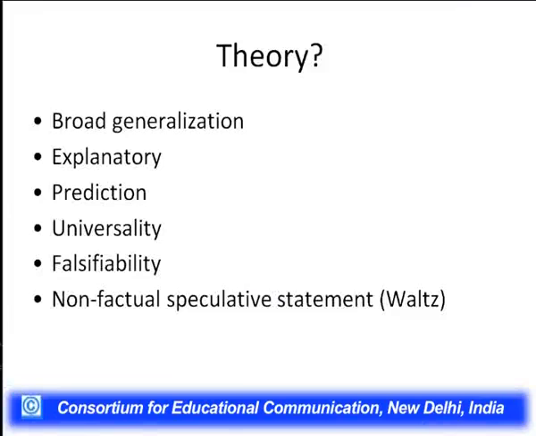An important criterion for any theory is falsifiability, a very important contribution of Karl Popper, who argues that a theory has to be falsifiable. If your theory is not falsifiable, it will not be categorized as a scientific theory. What I'm trying to tell you here is that falsifiability does not mean that your theory is false.